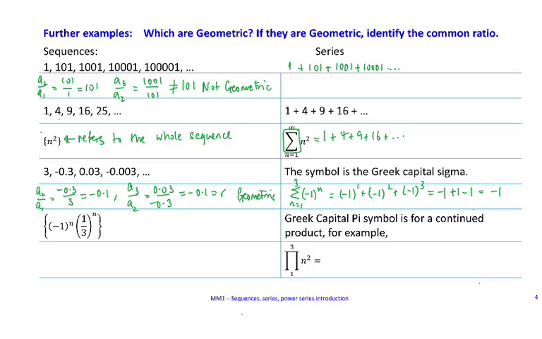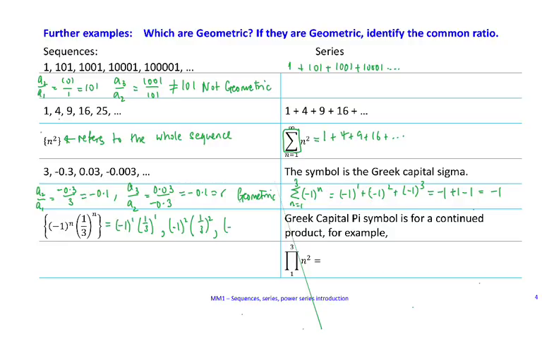So we have one more here. This one will have a sequence. Now, when n equals 1, we've got minus 1 to the power of 1, 1/3 to the power of 1. Then we have minus 1 to the power of 2, 1/3 to the power of 2.